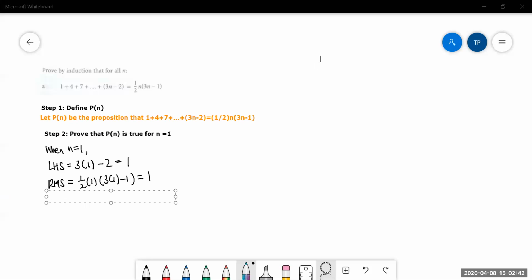Over here, since left hand side is equal to right hand side, therefore Pn is true for n equals 1. Full stop. Okay, so next we have step 3. What is step 3?